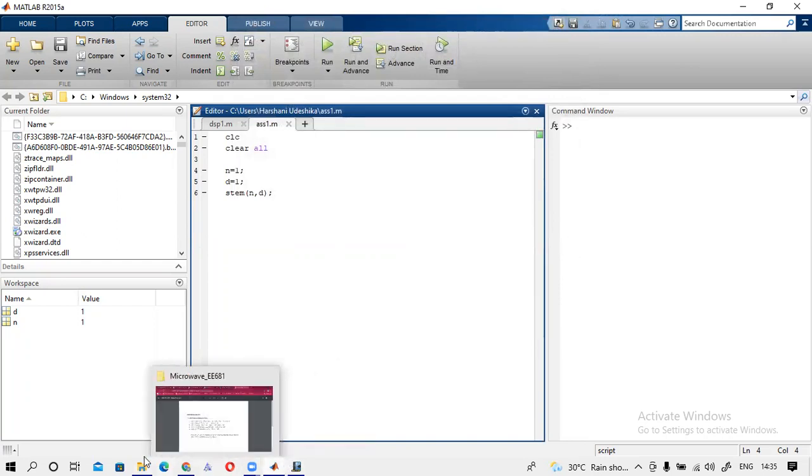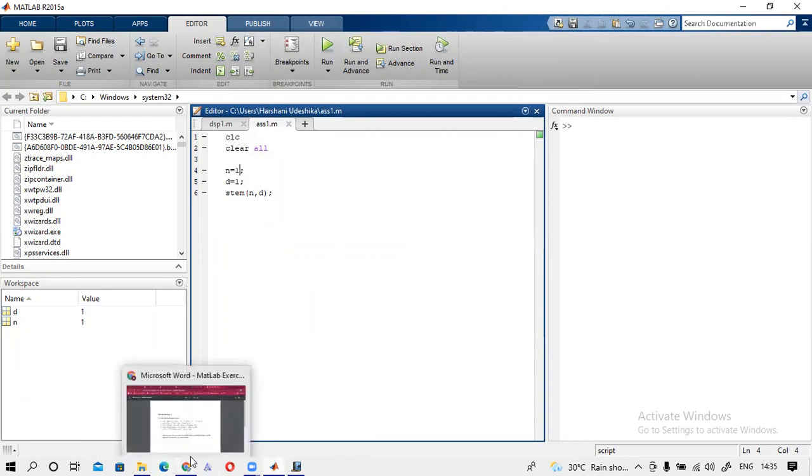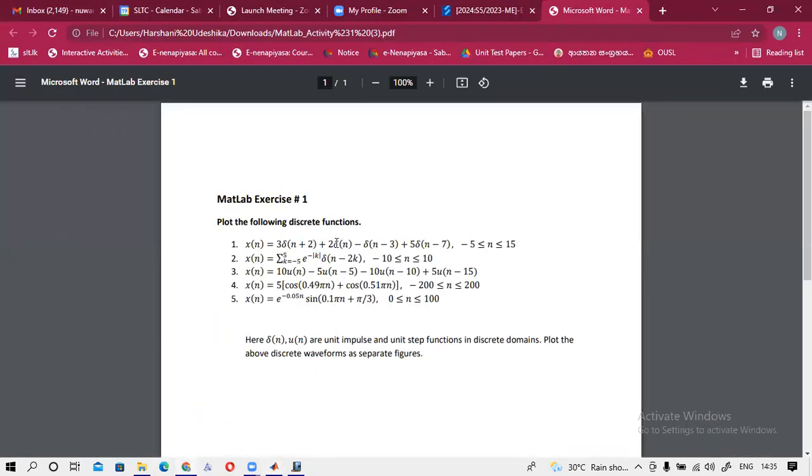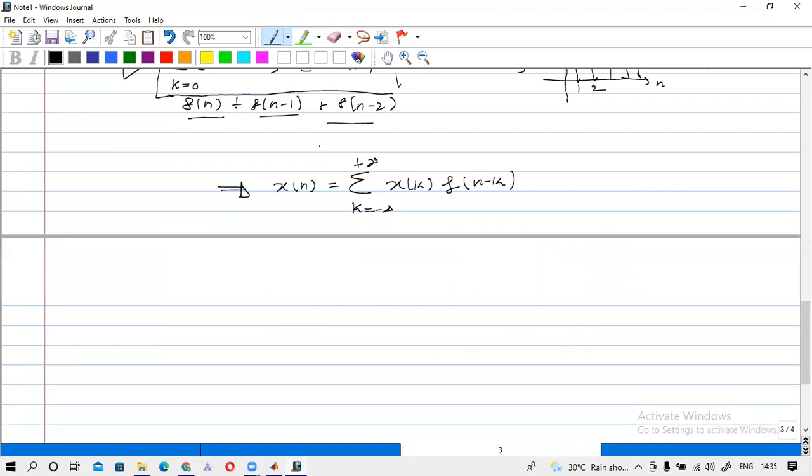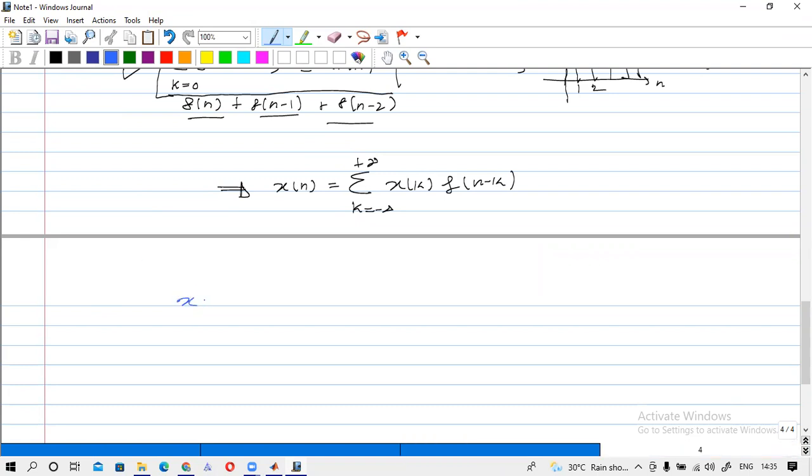So let's go to the assignment again. This is your assignment. You can see that here we have a collection of delta functions with some weights. If you put a weight on a delta function, it is just a multiplication. So I have a signal like this, xn.